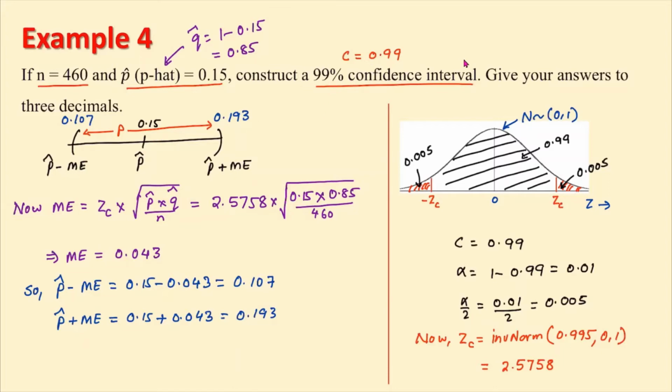So we can write, hence the confidence interval is: P is between 0.107 and 0.193. So this is the confidence interval.